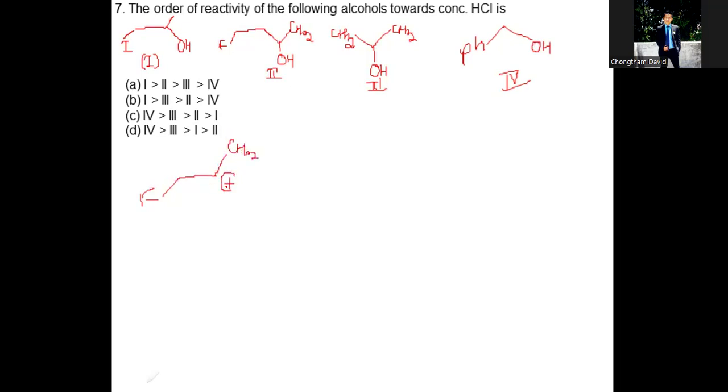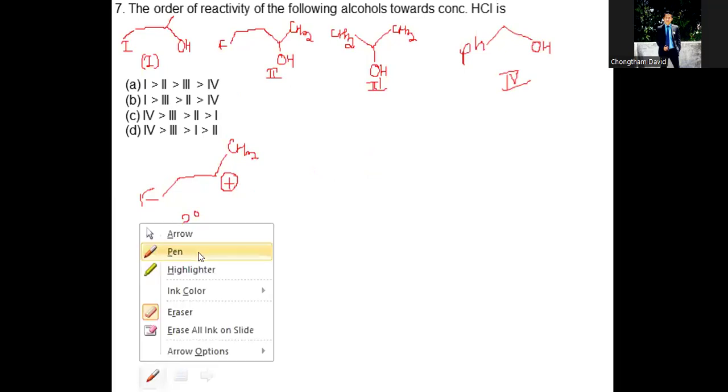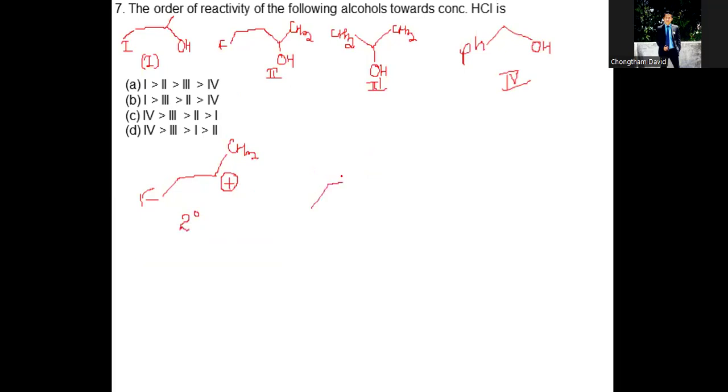So I have drawn the carbocation of structure number 2. It generates a secondary carbocation. And another structure of carbocation, structure number 2 here, fluorine.